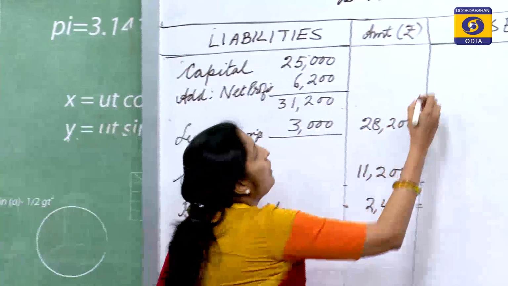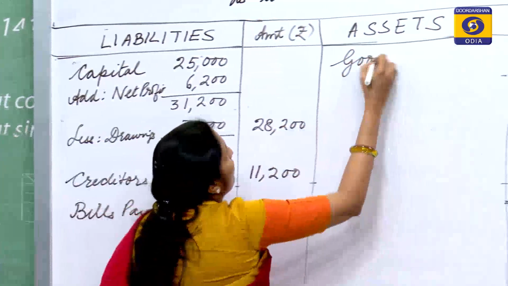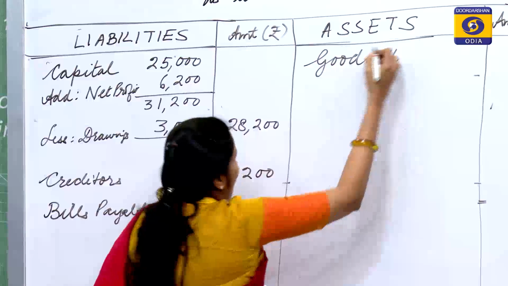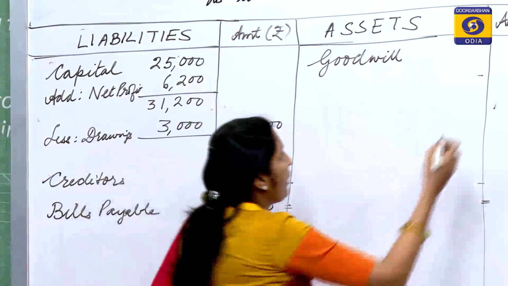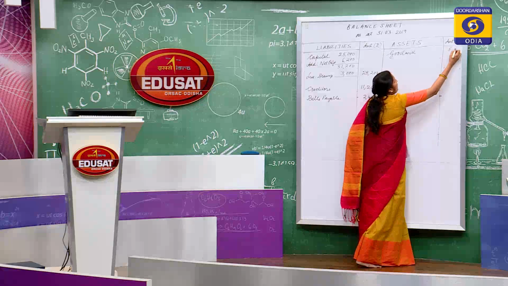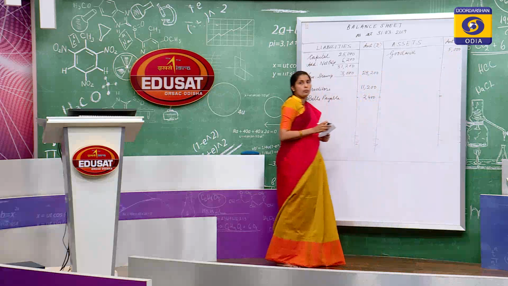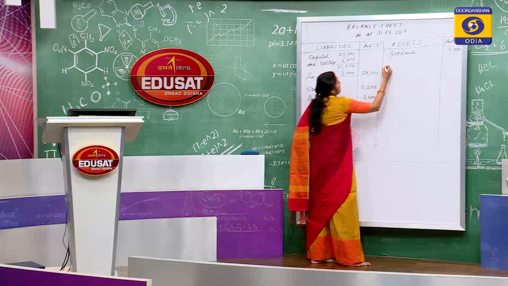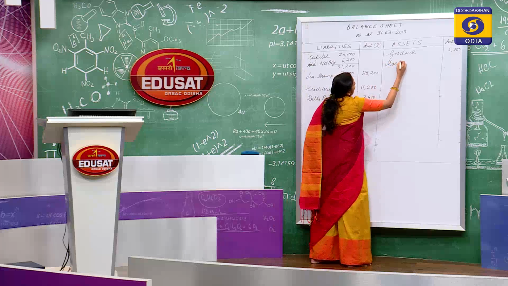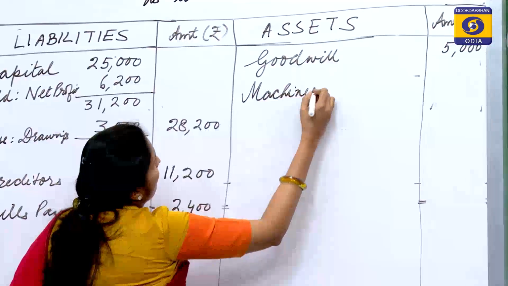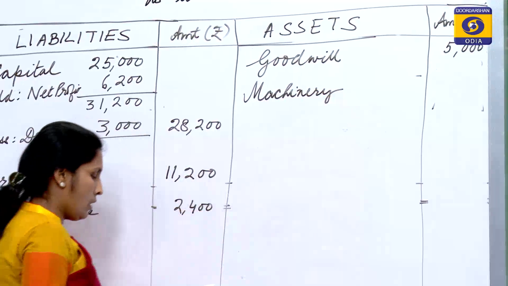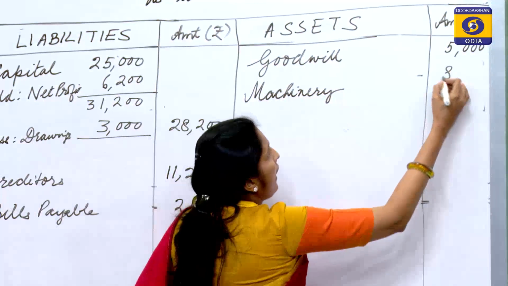On the asset side, we will start with goodwill. The amount of goodwill is 5,000. Goodwill, as you all know, is the value for the reputation of the firm. Next item on the asset side we have is machinery. Machinery is rupees 8,900.